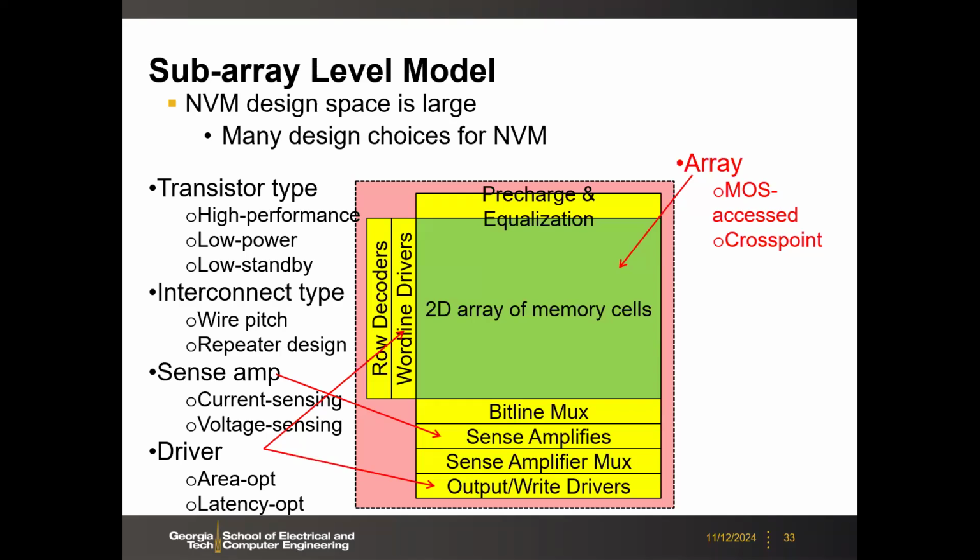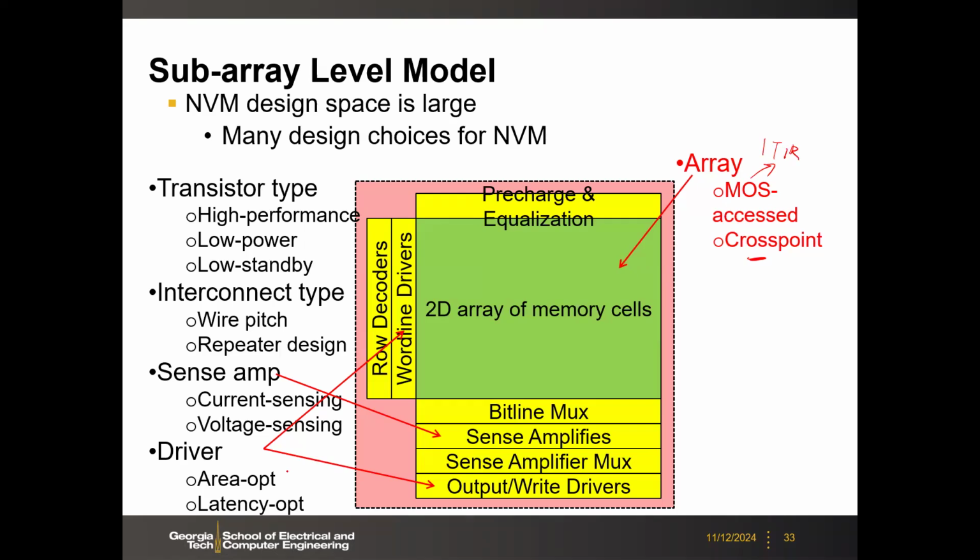For the sensing speed, the delta T, right? Depending on the node resistance and also the cell resistance, the wire resistance, wire capacitance, and so on. So you have some equations you can use. And then here the array could be, here the MOS access means 1T, 1R, like 1T, 1R, and the cross-point array, right, with the selector.